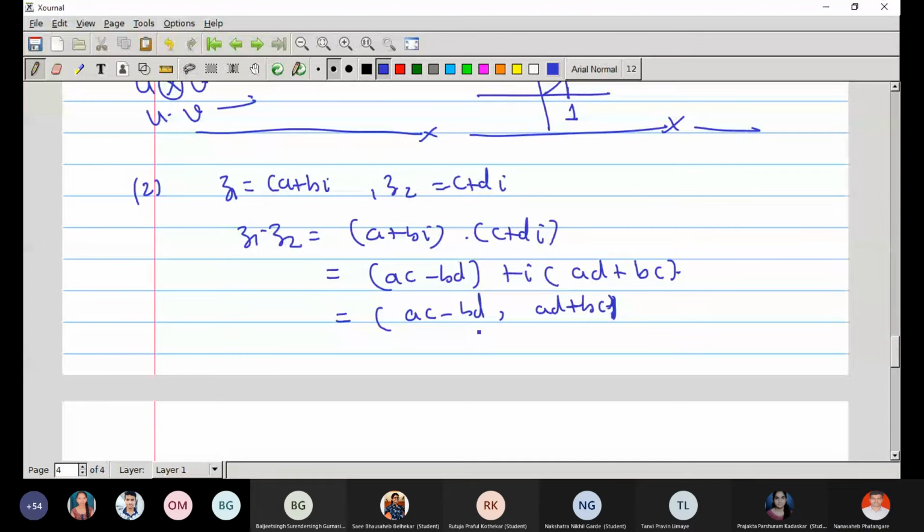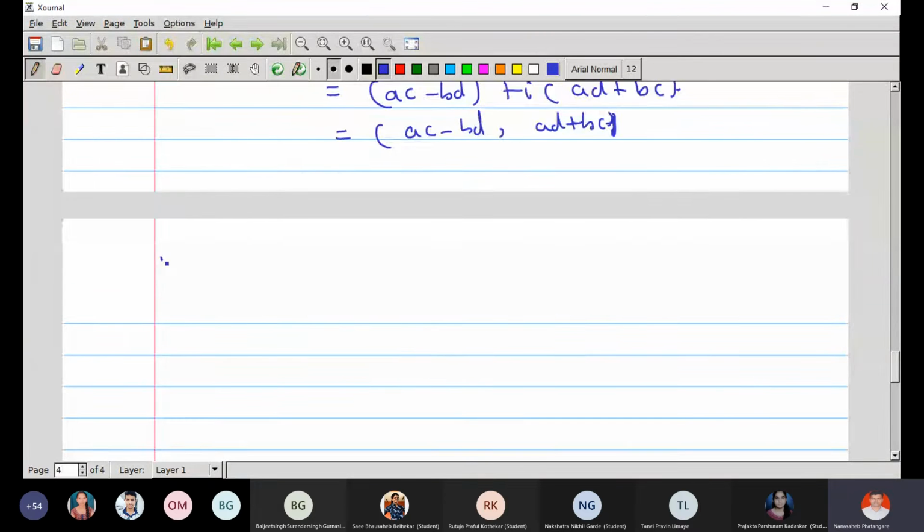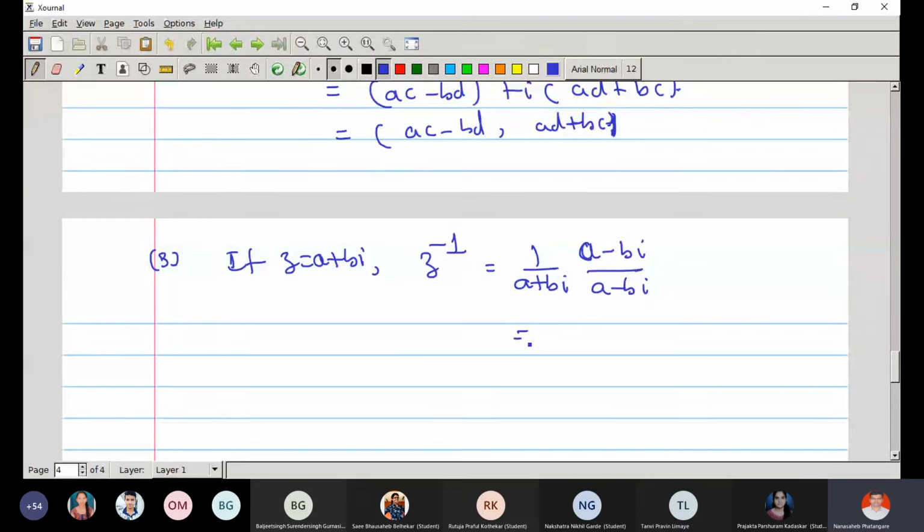Now, if Z is equal to A plus BI, then what is the multiplicative inverse? Does it exist? Right, 1 upon A plus BI. And you must have done such kind of things. So multiply by conjugate and divide by conjugate. Right? What is it? (A minus BI) upon (A square plus B square).